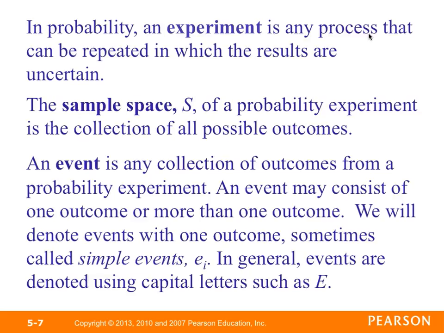An event can consist of one outcome or more than one outcome. It's going to be denoted just as the capital letter E, or if there is only one outcome, a simple event, we might denote it with an e sub i.